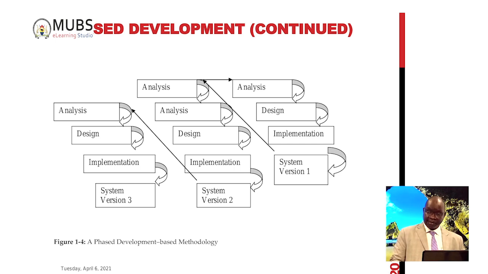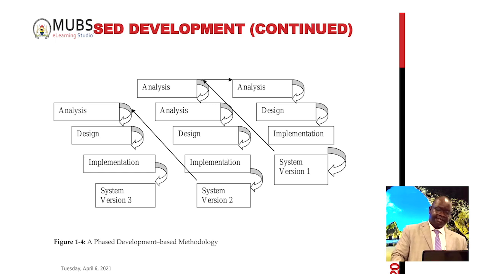Requirements with the priority number 1 are analyzed and programmed to get version 1 of the system. Then after that, the work continues with the second set of requirements to get version 2. So this is how it moves. You have here overall analysis divided into 3 sets of requirements based on orders of priority.